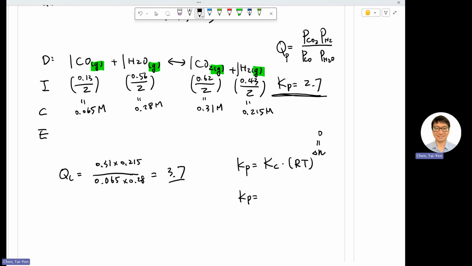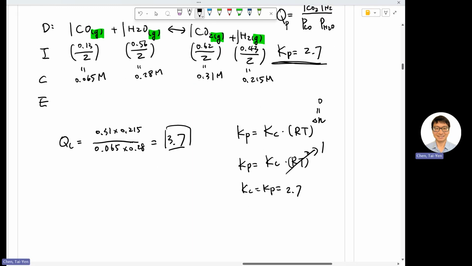Therefore, your Kp is going to equal Kc times RT to the 0th power, and this equals 1. Therefore, your Kp and Kc in this specific case are equivalent. Therefore, your Kc is simply equal to your Kp, which equals 2.7.